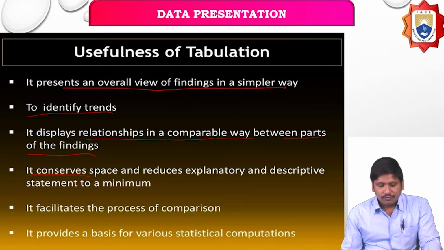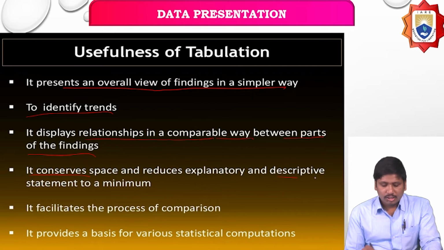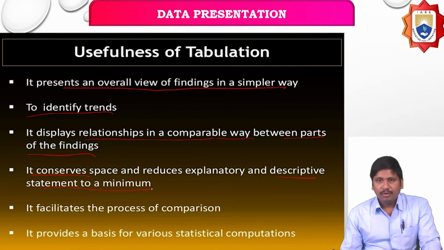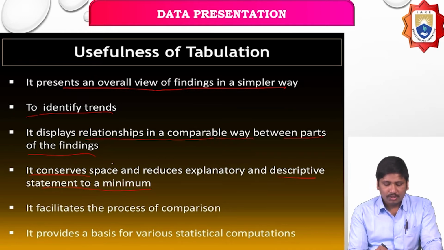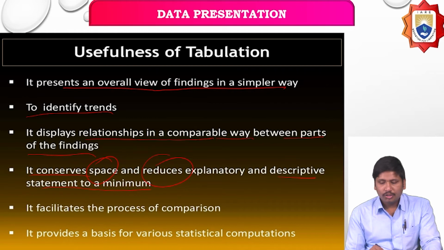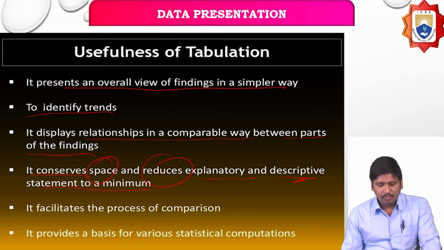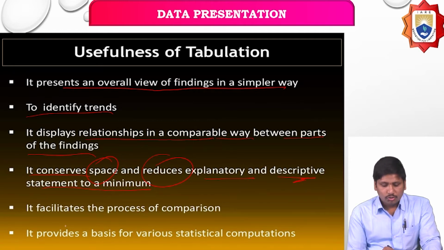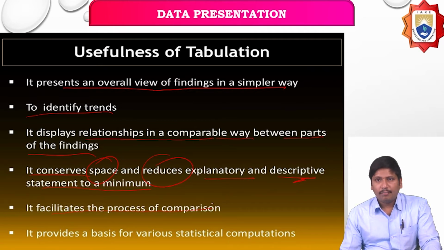And it conserves space and reduces explanatory and descriptive statements to a minimum. It also facilitates the process of comparison, so you can compare the data very easily by seeing the tables.